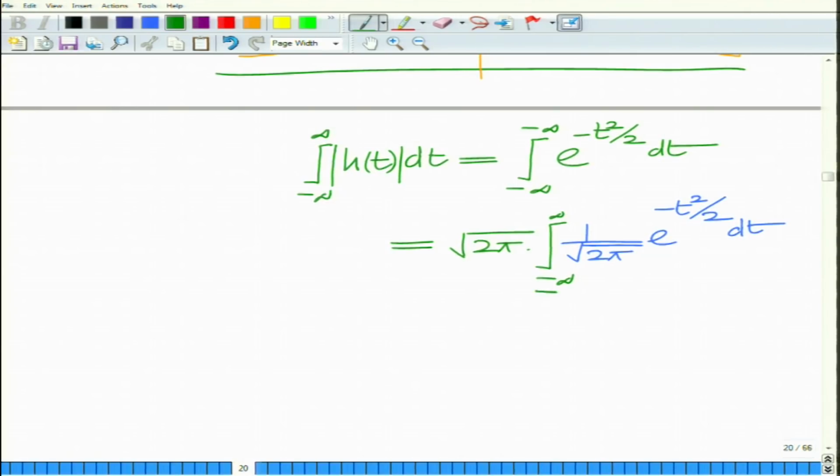Now, you can show that this integral is equal to 1, because it is the integral from minus infinity to infinity of a Gaussian probability density function.